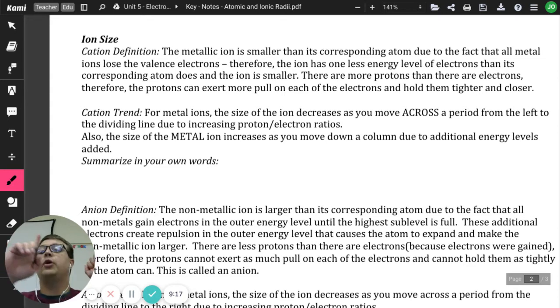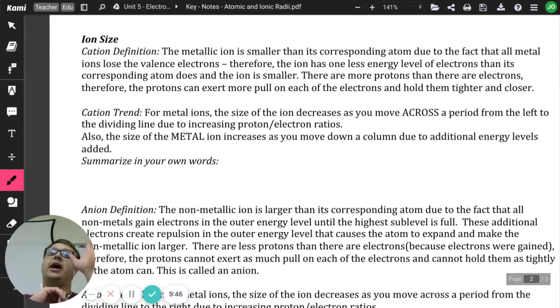Now, what we know is that if we're talking about a metallic ion, a metallic ion is smaller than its atom. Why? Well, remember that metals tend to lose electrons. So we're going to be losing electrons. Now, if we lose an electron, what does that mean for our size? Well, the size is going to get smaller. Why?